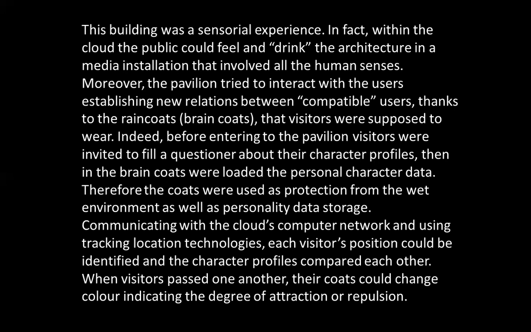Then the personal character data were loaded into the brain codes. Therefore, the codes were used as a protection from the wet environment, as well as personality data storage, communicating with the cloud's computer network and using tracking location technologies. Each visitor's position could be identified and the character profiles compared with each other. When visitors passed one another, their codes could change color, indicating the degree of attraction or repulsion.